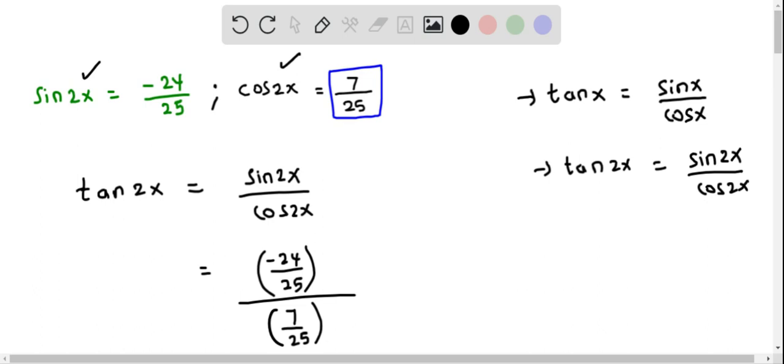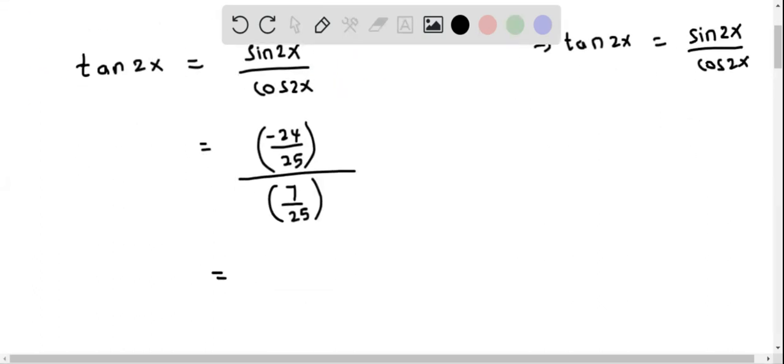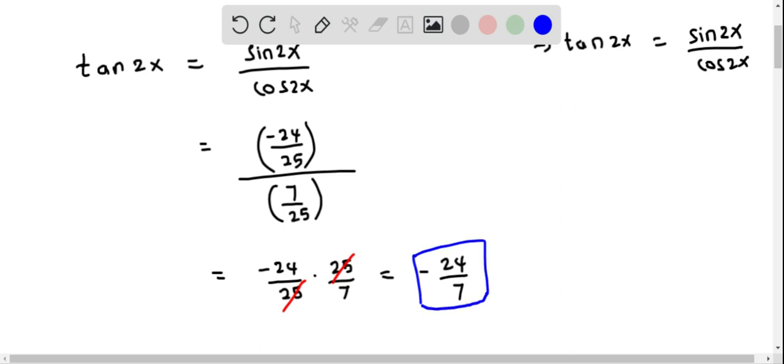Now we can simplify this by writing the numerator fraction and multiplying by the reciprocal of the denominator fraction, that is 25/7. See that this 25 and this 25 we can cancel, so this reduces to negative 24/7. So we have determined that tangent 2x equals negative 24/7.